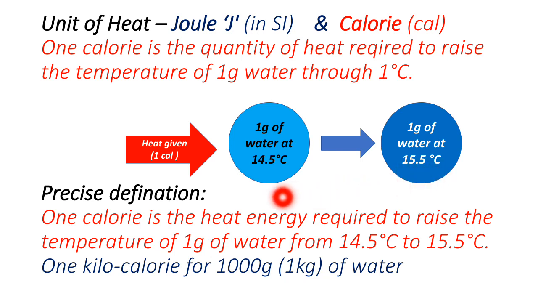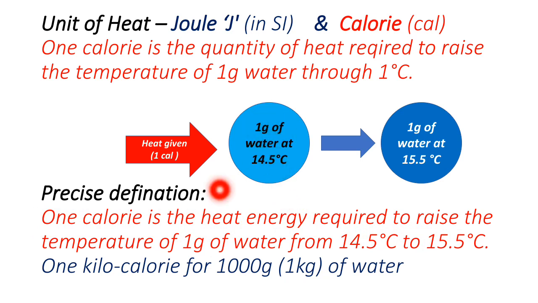So here we have the precise definition. 1 calorie is the heat energy required to raise the temperature of 1 gram of water from 14.5 degrees Celsius to 15.5 degrees Celsius, that is, it is raised by 1 degree Celsius. Correct. Suppose if you want to know about 2 calories, then we will say that it is for 2 grams of water.